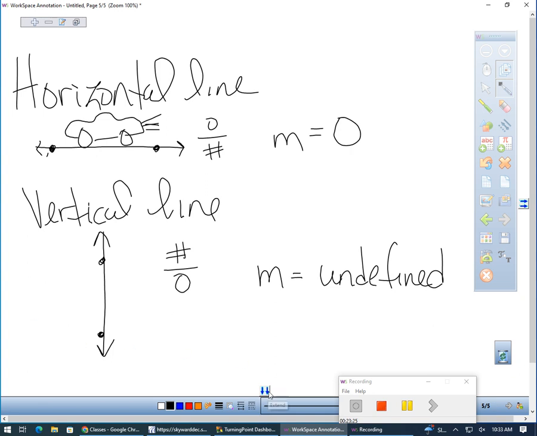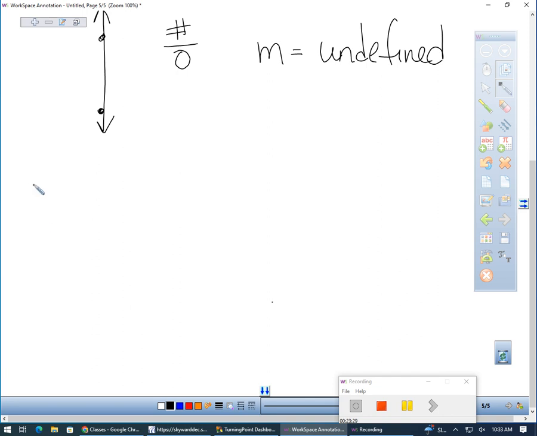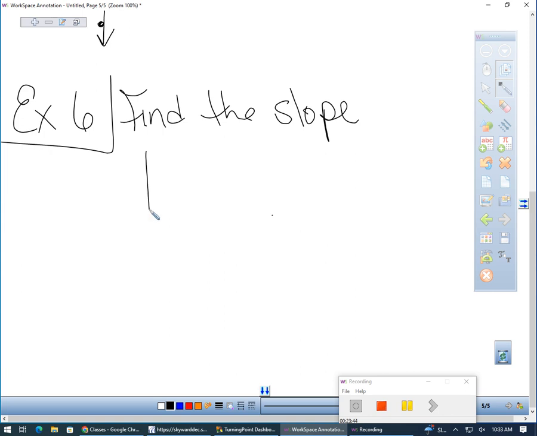So here is my last example today. I think I'm on what, 6? Okay, example number 6. And it says find the slope. Pretty much the directions all day, isn't it? All right, and you're going to look at a graph.